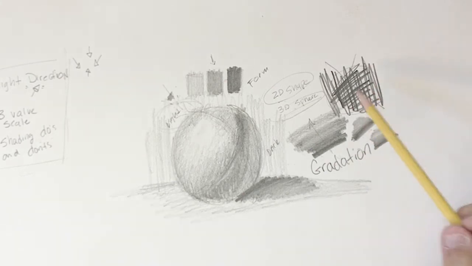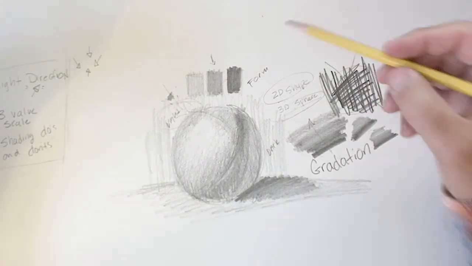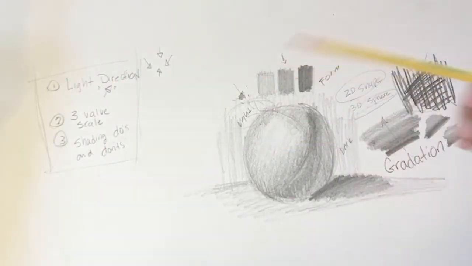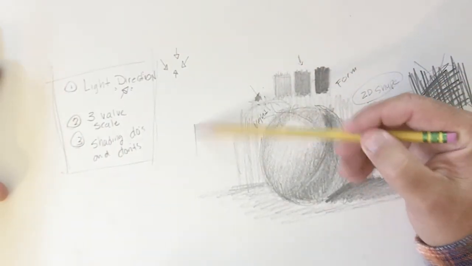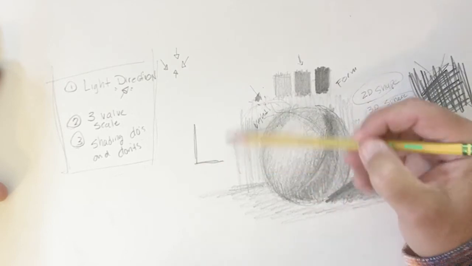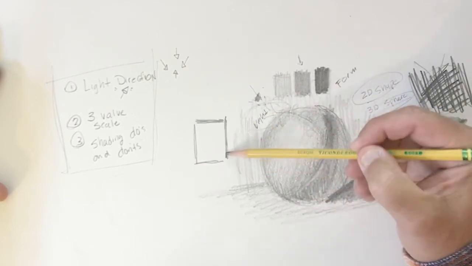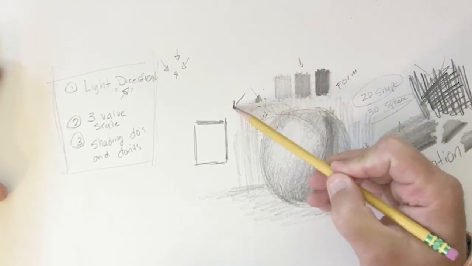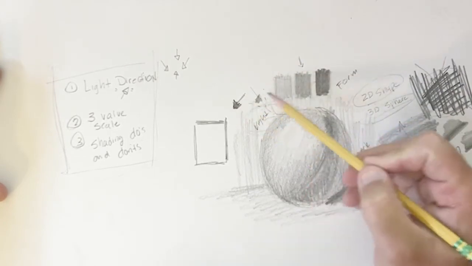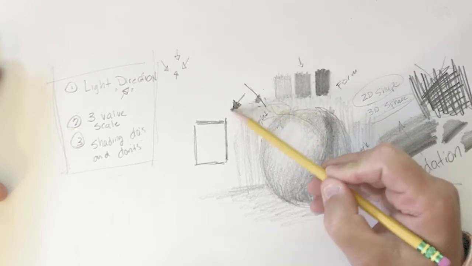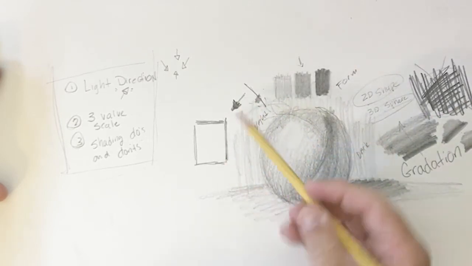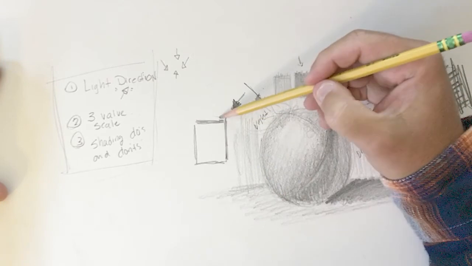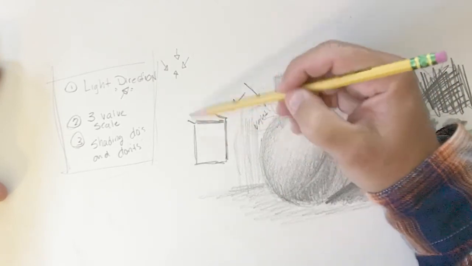Okay? All right, so what we can do now is let's say we want to make a box here. So let's take a simple box and we'll make this box three-dimensional. Okay, let's have the light source coming in this way. Let's make it go this way. We'll change it up a little bit. Okay, so I'm going to add just the top of the box here.